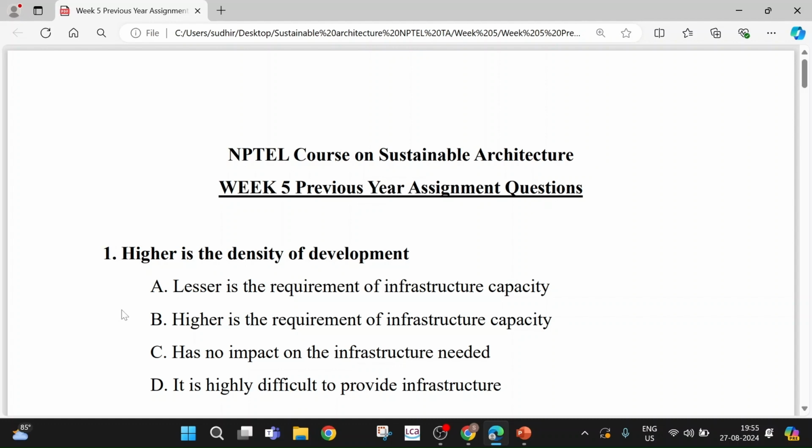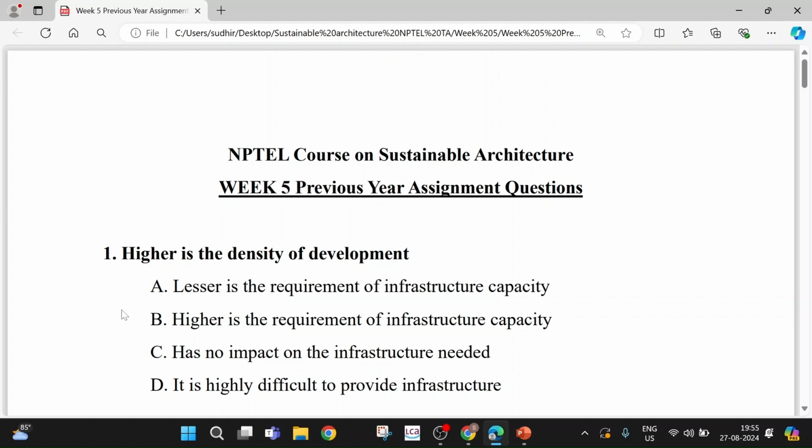So Divya is saying B, and all others are saying A, I guess. So A is the right answer for this one. This type of question we have discussed today also. So A is the right answer for this question.